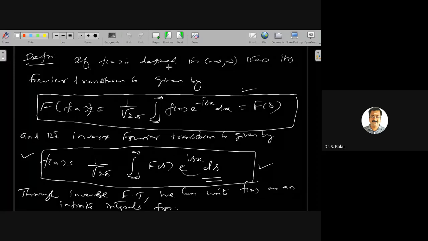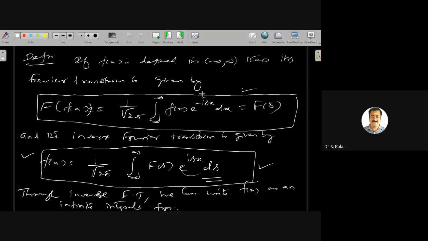If f of x is defined in the interval minus infinity to infinity, then its Fourier transform is given by: Fourier transform of f of x equals 1 by root of 2 pi, you have to multiply, integral from minus infinity to infinity of the function f of x into e power minus isx dx, which is this kernel.